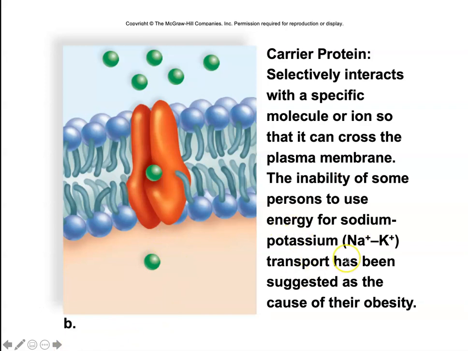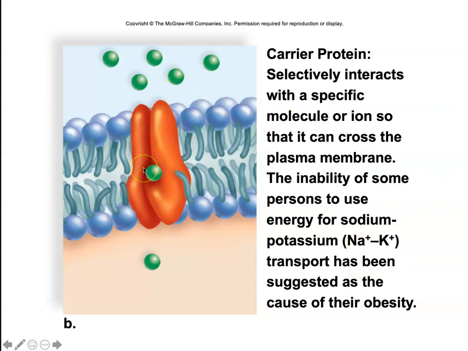This mentions, and it's not the best example we could give, the inability of some persons to use energy for sodium potassium transport has been suggested to cause their obesity. To be honest, I'm not sure what the data looks like in terms of the research on this, but it's something we could look into more if we were really interested in it. But essentially, there are other examples here as well.